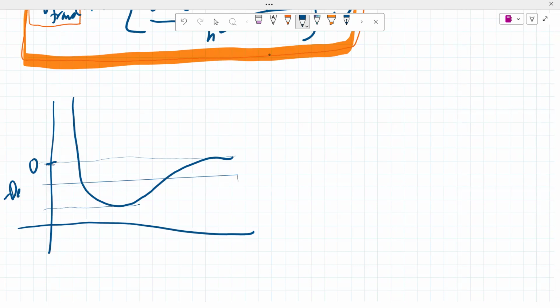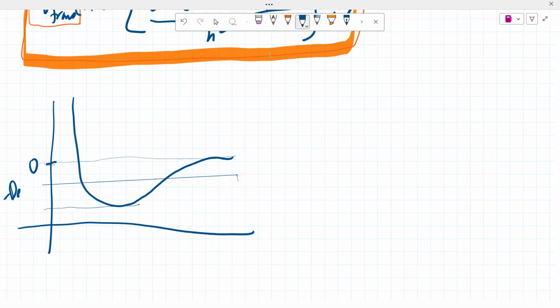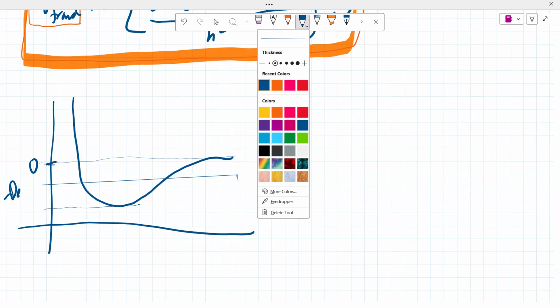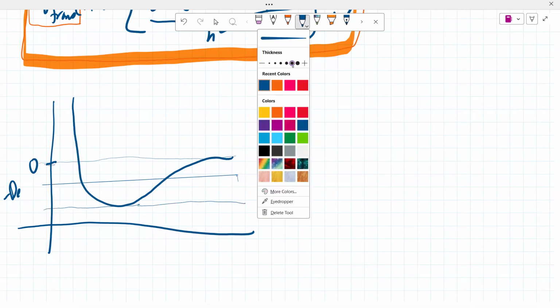Oh, it turned it into a straight line, but the line is now stuck. Okay, one more thing we need. Oh, we're still in the thin one. Okay, great. And we need to go back to the normal thickness.